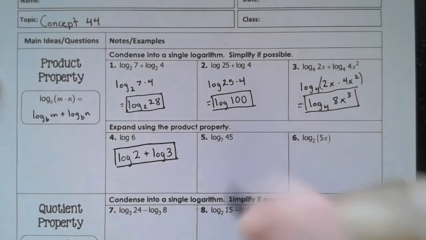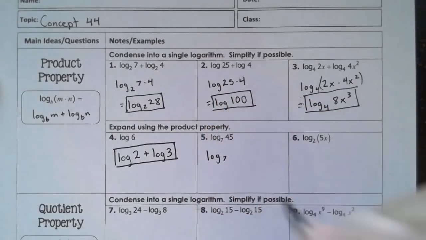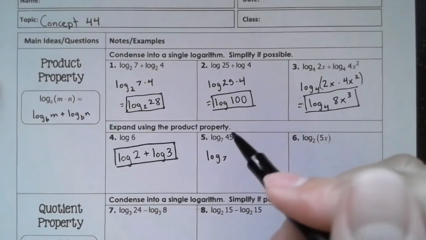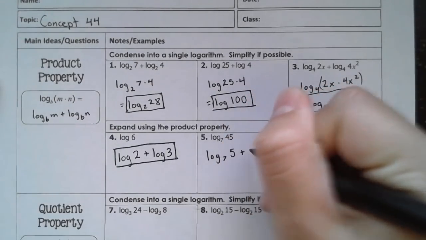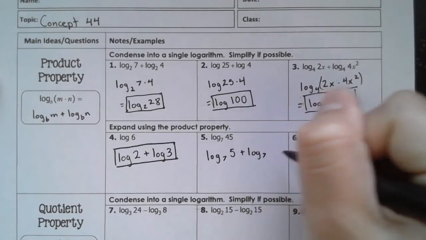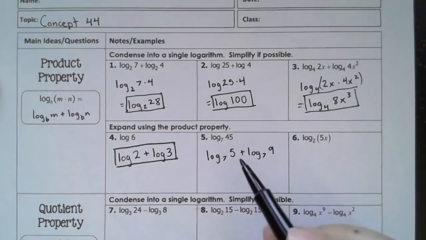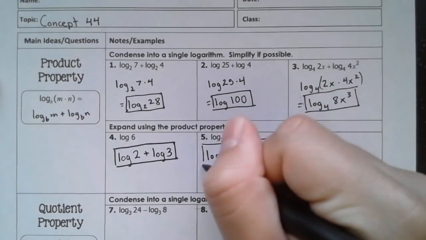Number 5, I can rewrite this as log base 7 of, and then take any two factors of 45. We can do 5 and 9. So log base 7 of 5 plus log base 7 of 9, because 5 times 9 is 45. And then this is done.